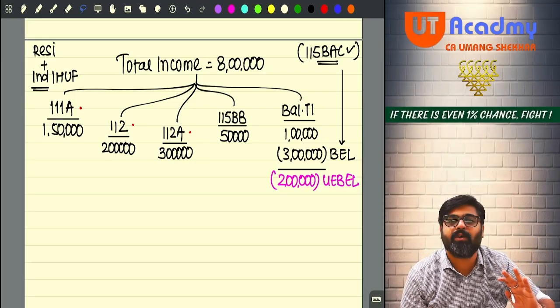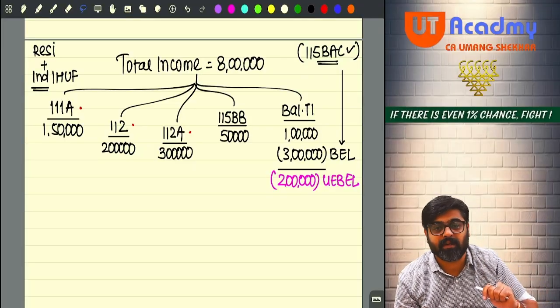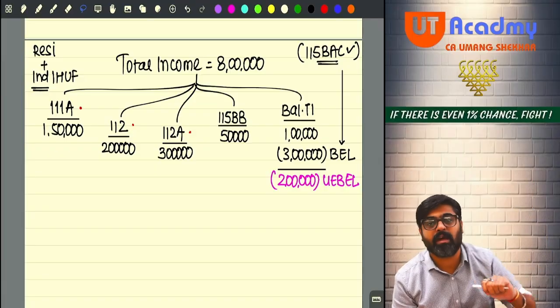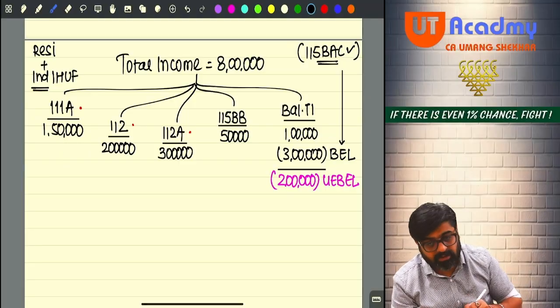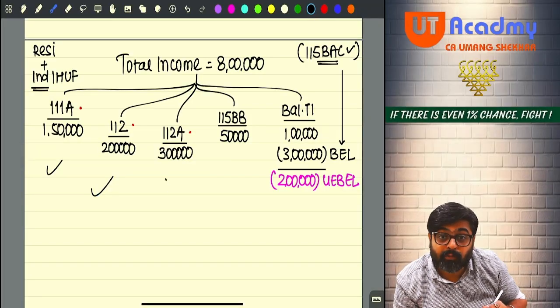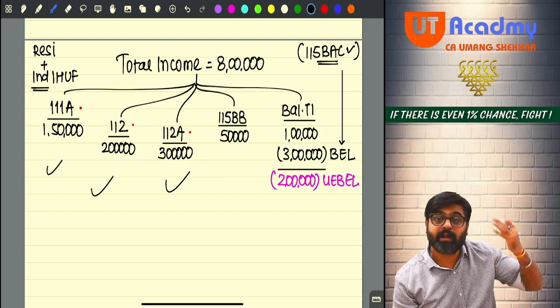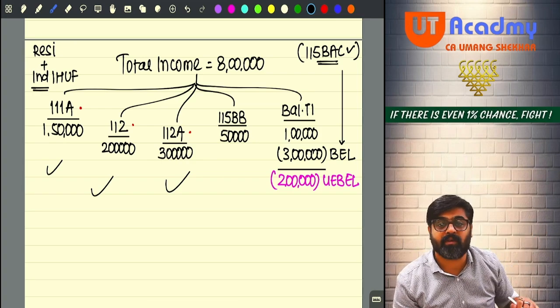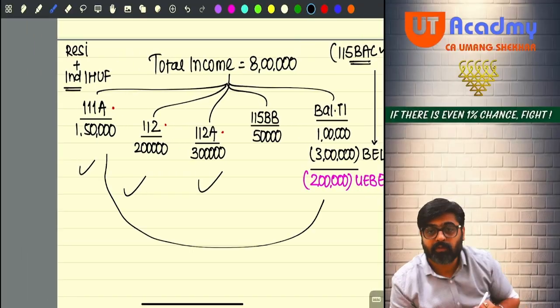If the tax rate on 111A was 20%, assuming that all the assets are transferred after 23rd July, then I have to pay 20% on this. Otherwise I have to pay only 12.5%, and on the first 1,25,000 I don't have to pay tax. Over and above that, I have to pay only 12.5%. So it is always better to adjust this first from this.